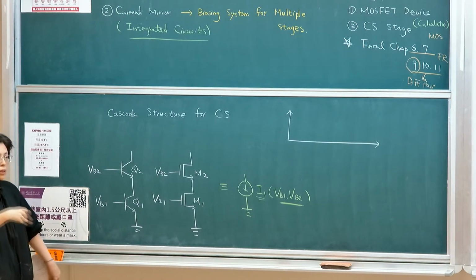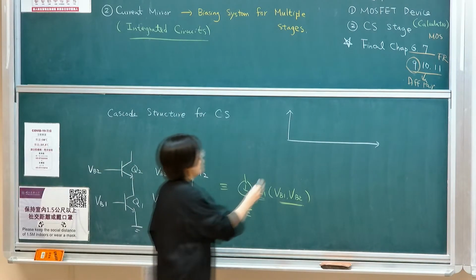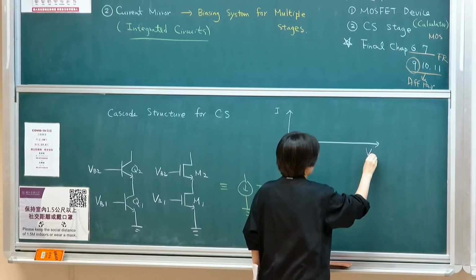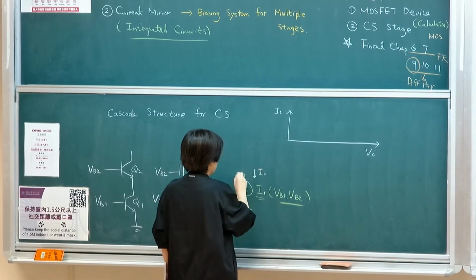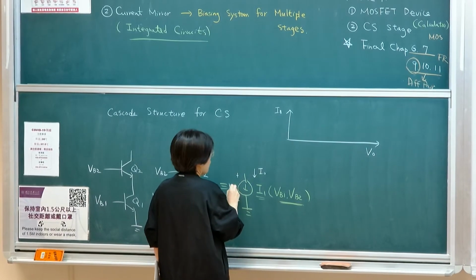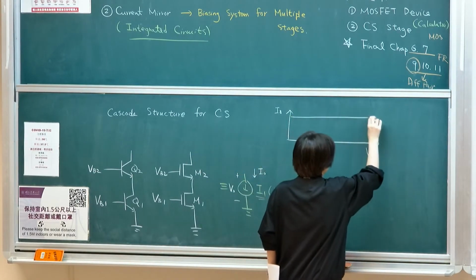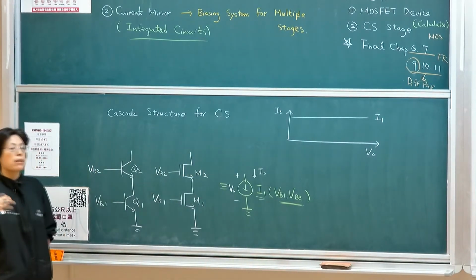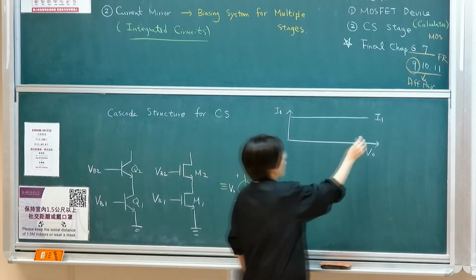But for a current source, of course, there's also a benchmark that allows us to evaluate whether it's a good design or a bad design. For a current source, what you want is I versus V, looking at current IO versus VO. What you want is to make sure it's at the level that I set. This is the ideal case.